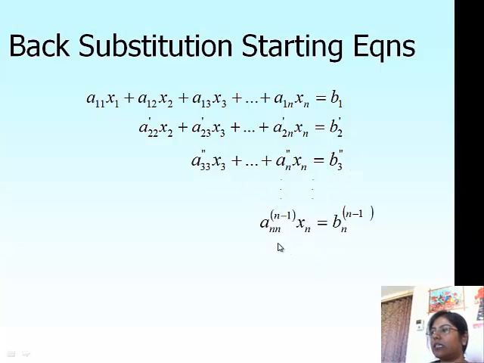And for the final equation we have ann to the power n minus 1 xn equals bn to the power n minus 1. Here you can see that in the last step, we can directly find the value of xn.